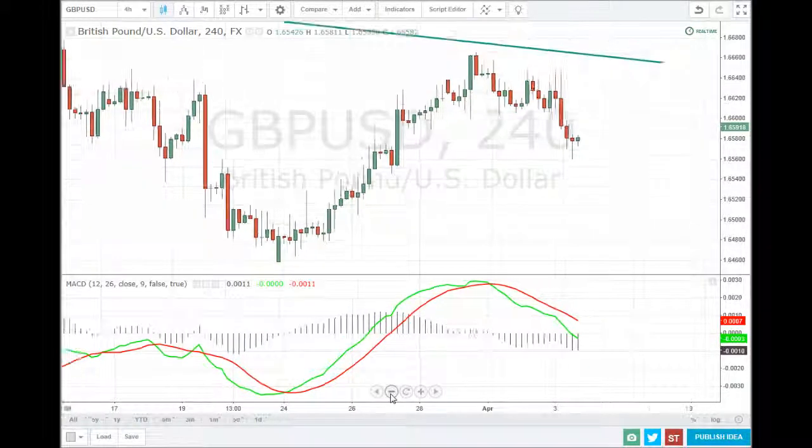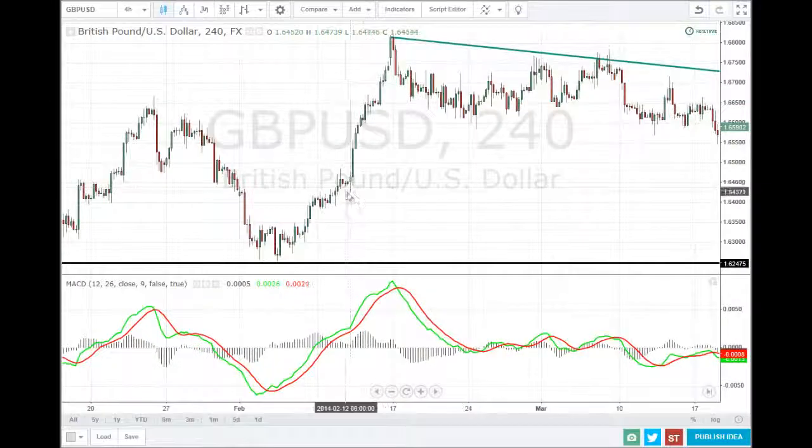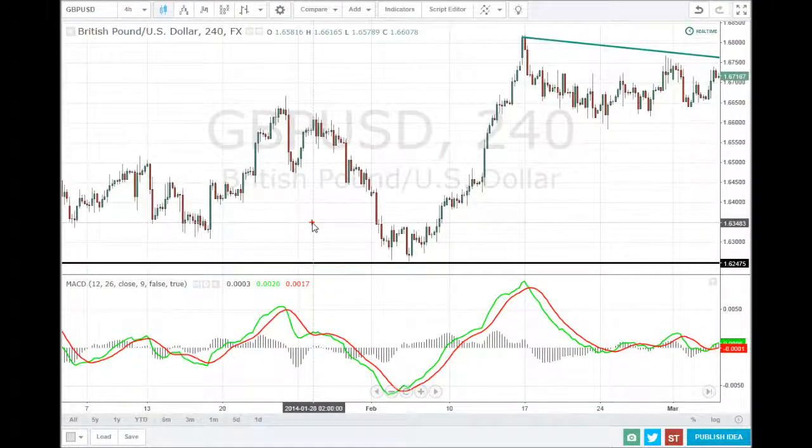We can also use the MACD to close positions. If we go back to this demonstration where price came down to this support, our MACD crossed and there was a bullish engulfing here or here. It could be that we hold this position until our MACD crosses and signals that price could change direction and move against our position.